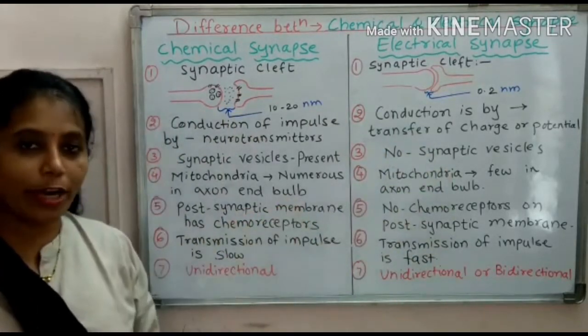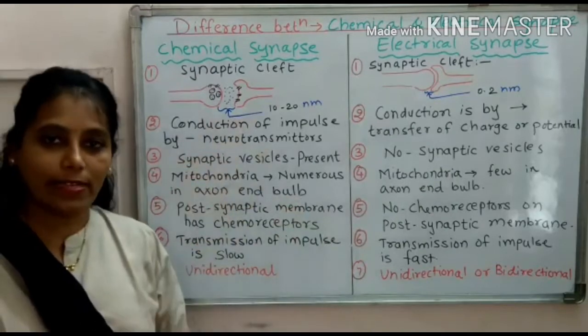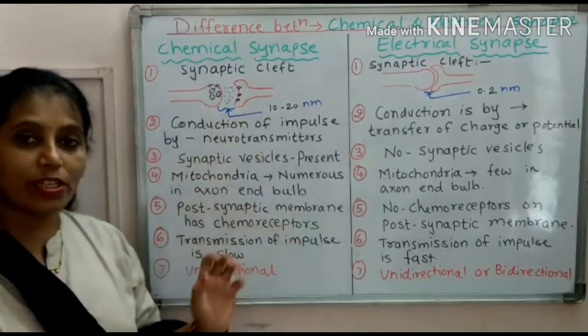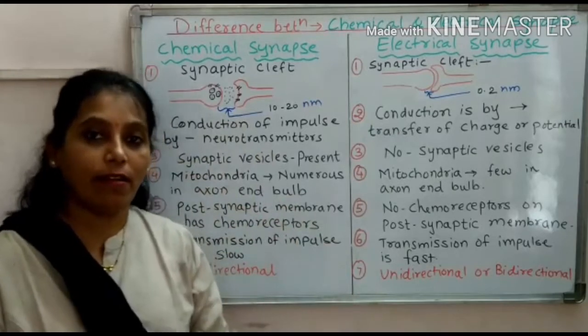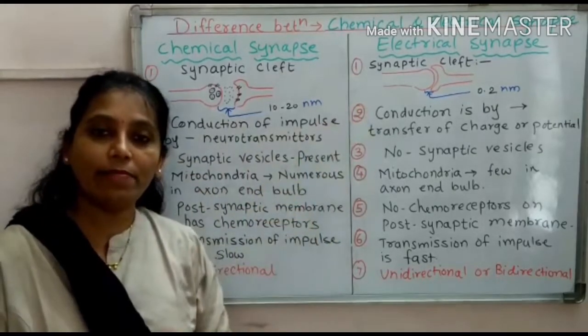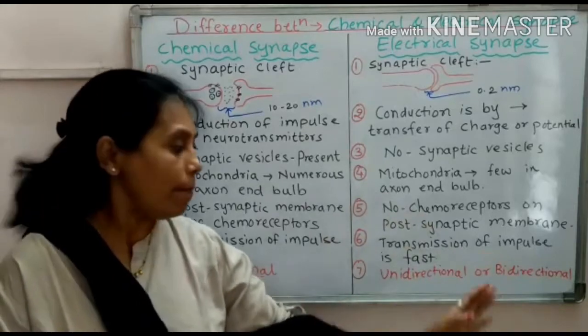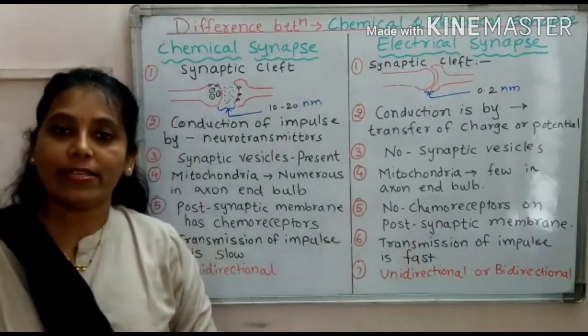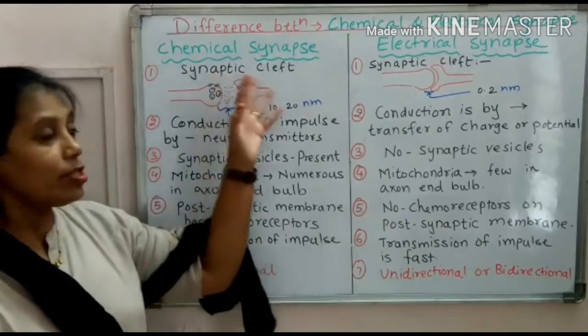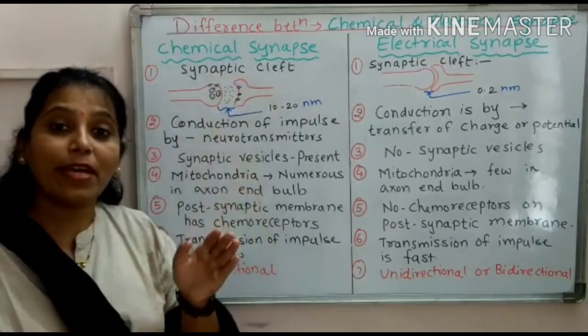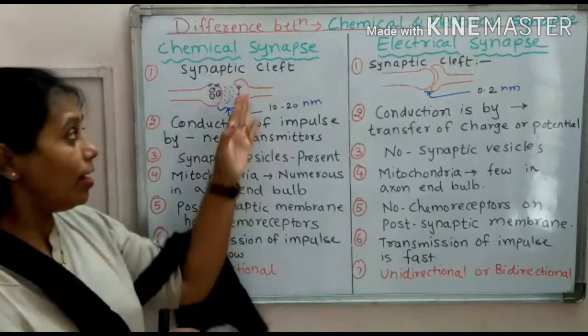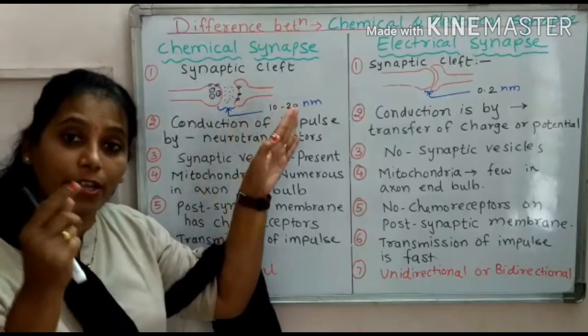Now come to the next point. In case of chemical synapse, the transmission is unidirectional, and in case of electrical synapse, the transmission is unidirectional and also bidirectional. Now why is it like that? Because in case of chemical synapse, the receptors are present on the dendrites of another neuron.